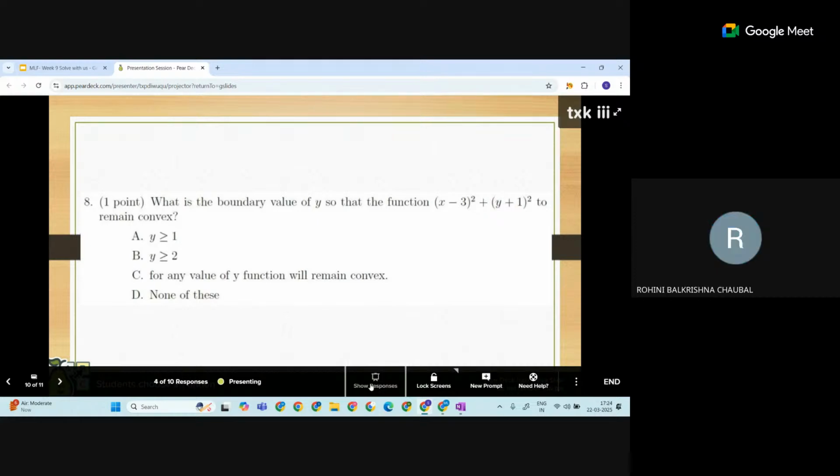The value of y plus 1 should be positive, no? That is positive only if y is greater than minus 1. No, y plus 1 does not have to be positive. Even if y plus 1 is negative, y plus 1 whole square is positive anyway. So there is no constraint that y plus 1 has to be positive.